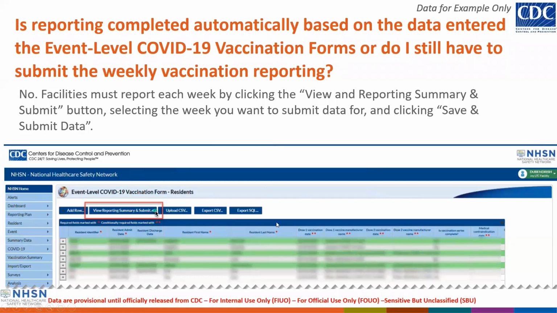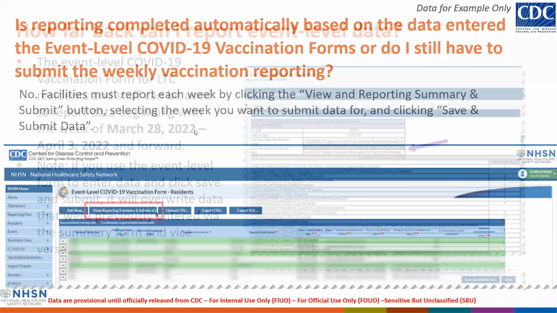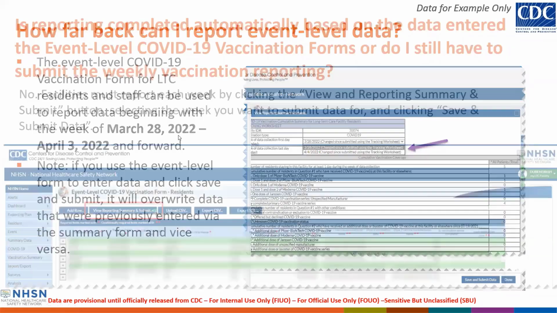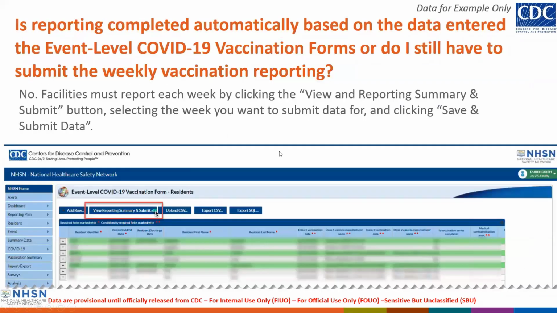So what you have to do is make sure all of your person level information is up to date. And at least once a week, just go in and click the View Reporting Summary and Submit button and select the week that you want to submit data for using the week drop-down menu, and then review the totals and submit.